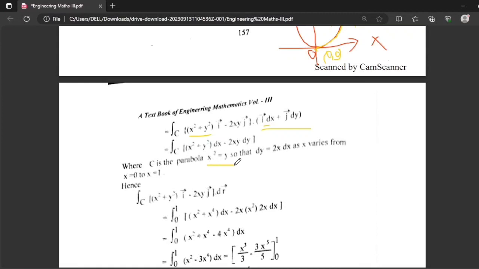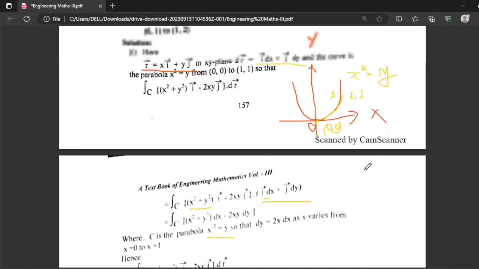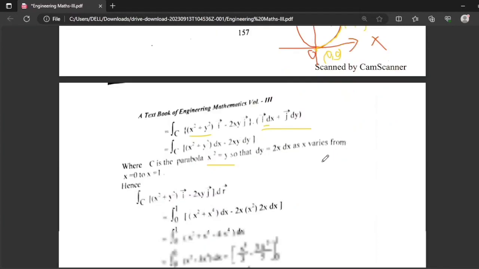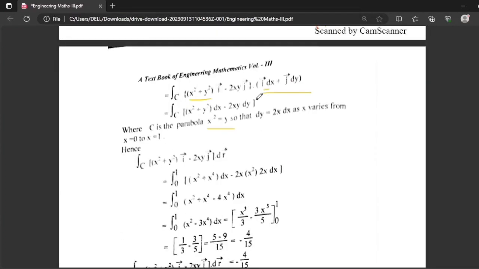x square equals y, so differentiating, 2x dx equals dy, as x varies from 0 to 1.